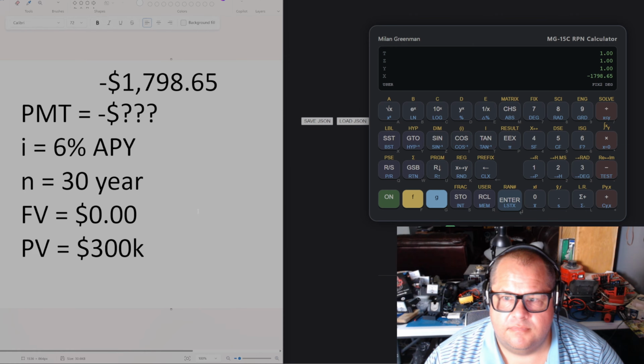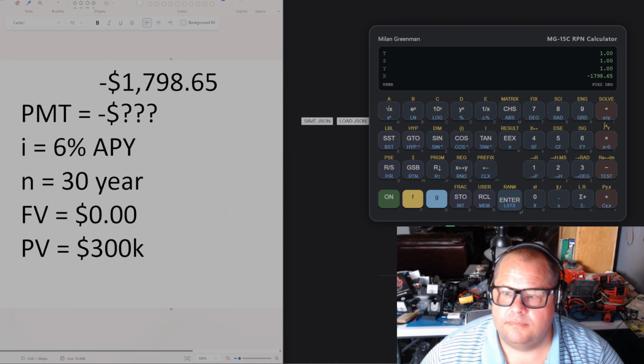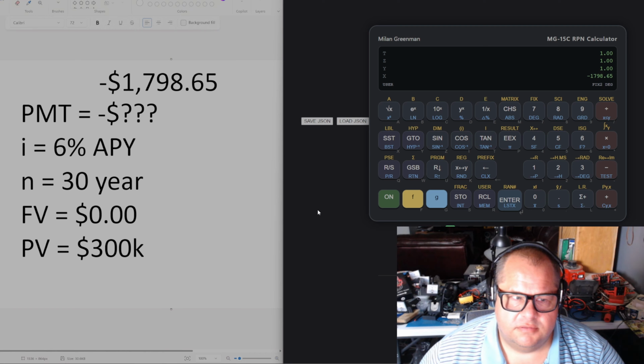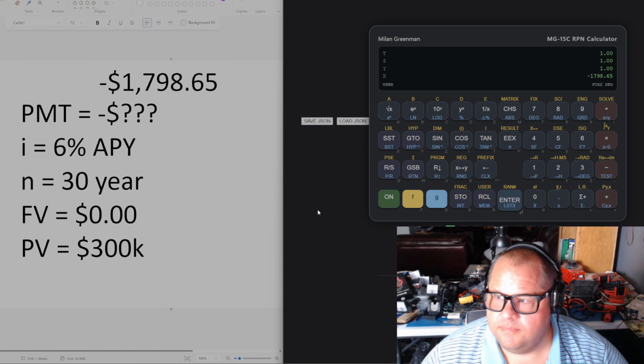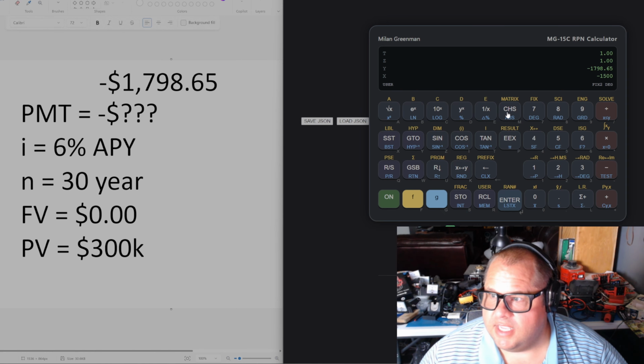What if we want to make that payment $1,500? How much of a down payment would we have to make on the house? So we will put in 1,500, change sign, and then this is going into our payment.